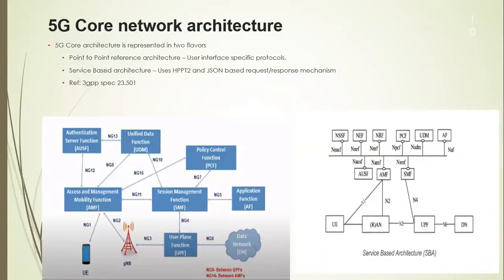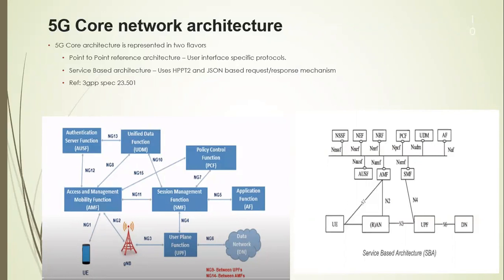So basically, there are two different core network architectures proposed in 3GPP specifications. One is point-to-point reference architecture. Interface-specific protocols will be used, like Diameter, GTP-C, GTP-U, etc. Another one is service-based architecture.